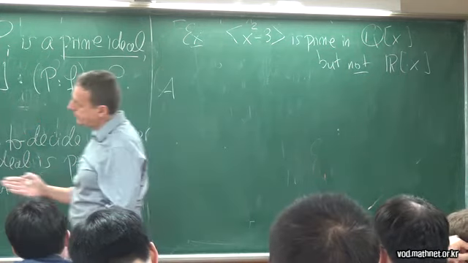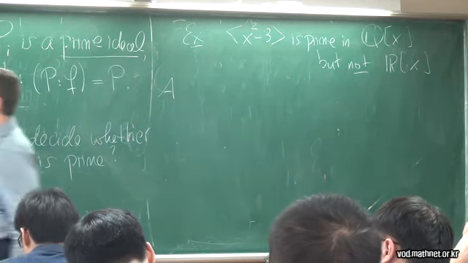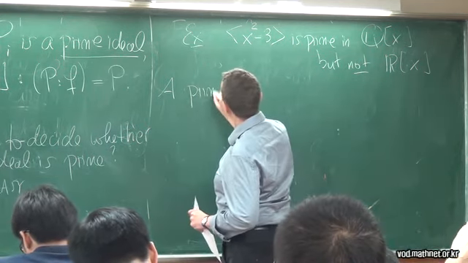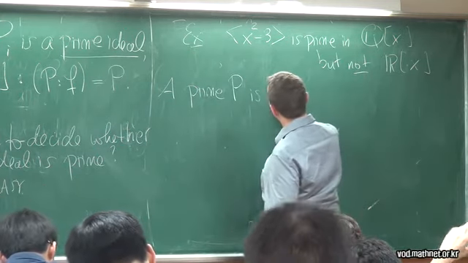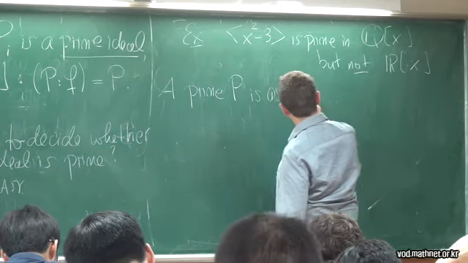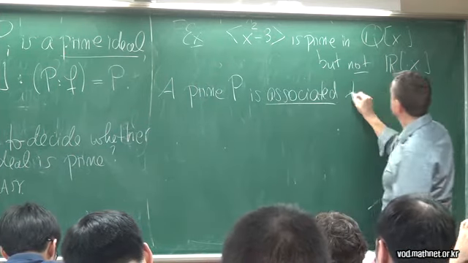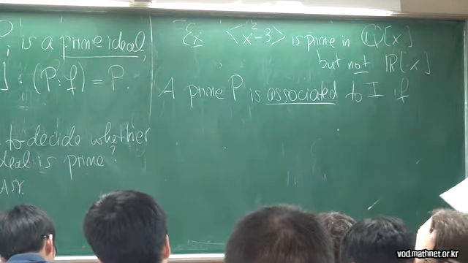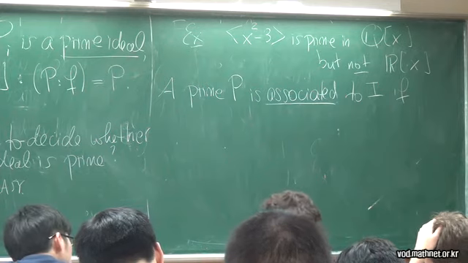Okay, so now let's develop a little bit of language to speak about this decomposition. So a prime ideal P is associated to the given I if some condition holds. So we're given our system of equations, we want to break it into pieces, right?